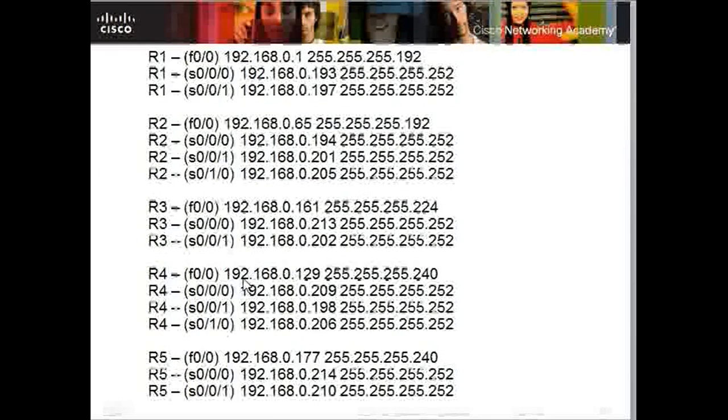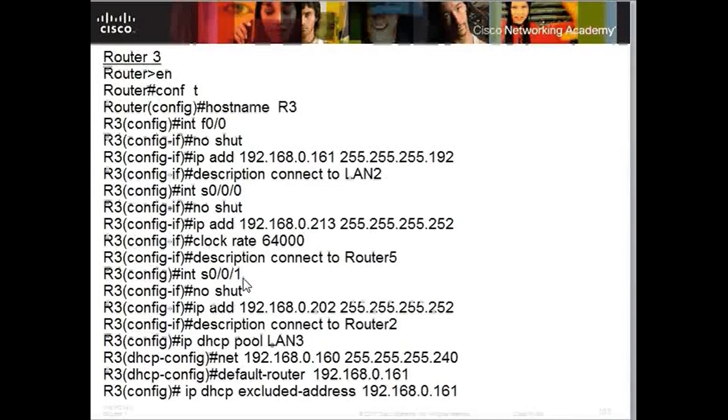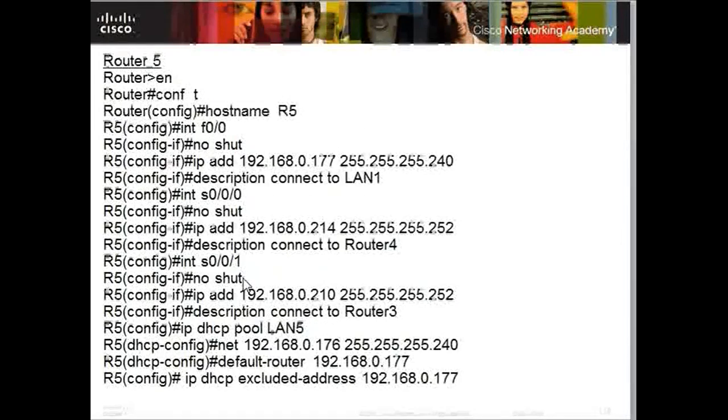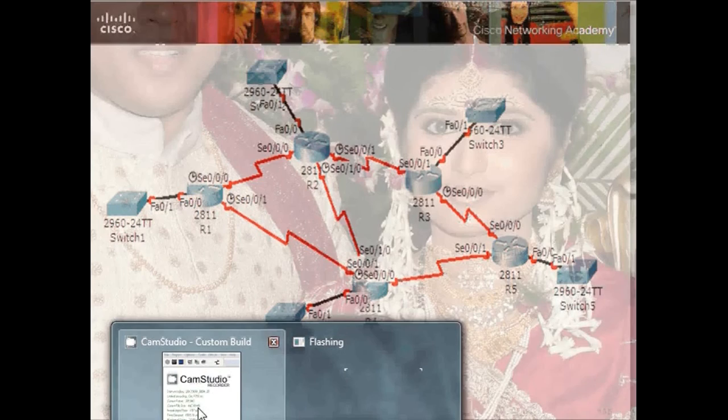Okay, so these are the IPs. Depending on this calculation, you give the IP, then this is the configuration of router 1, this is the configuration of router 2, this is the configuration of router 3, router 4, and router 5, and like that we complete this particular topology. This is the practical part of it.